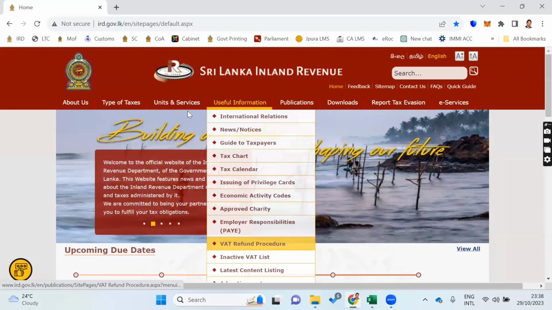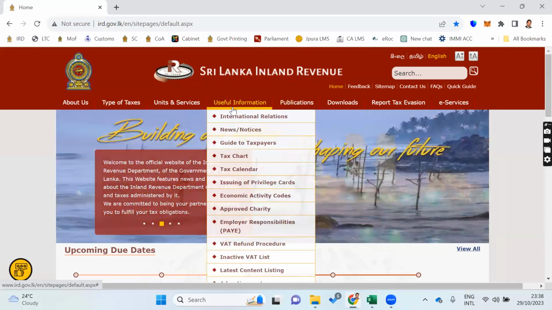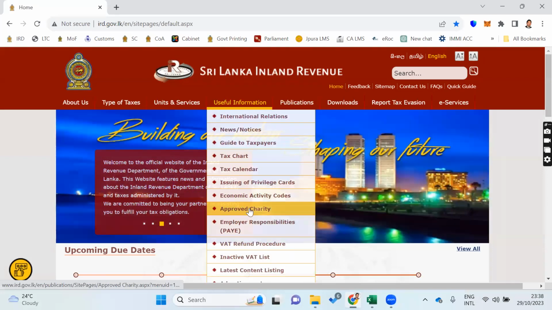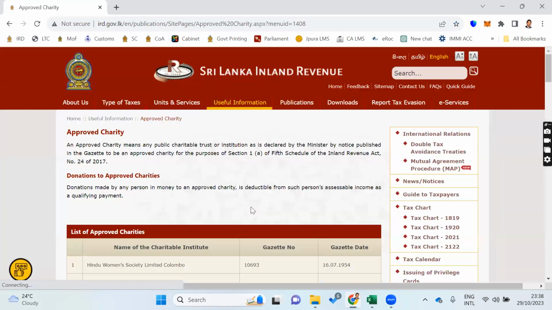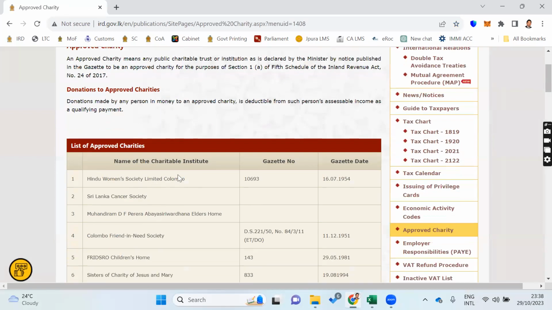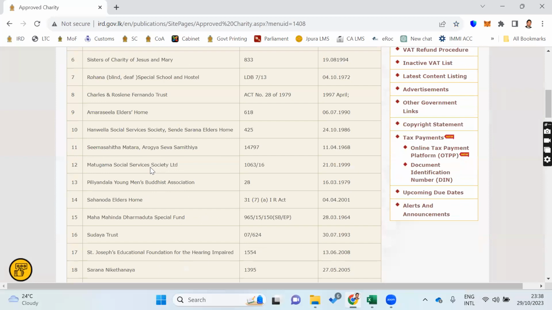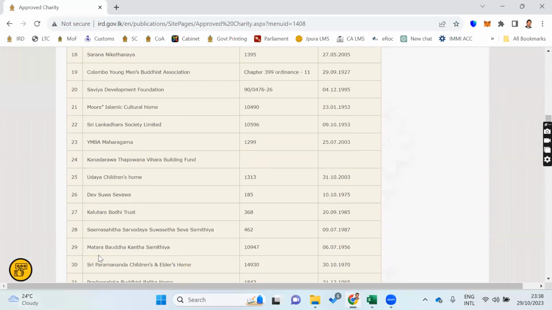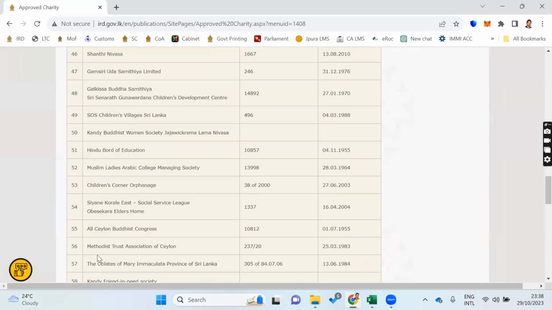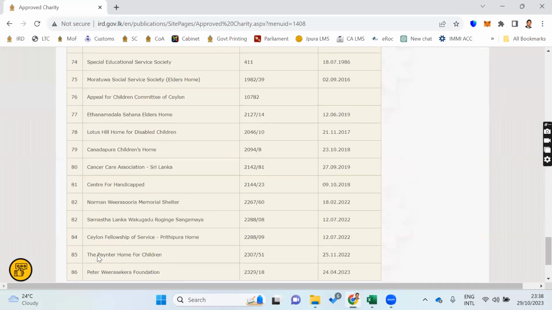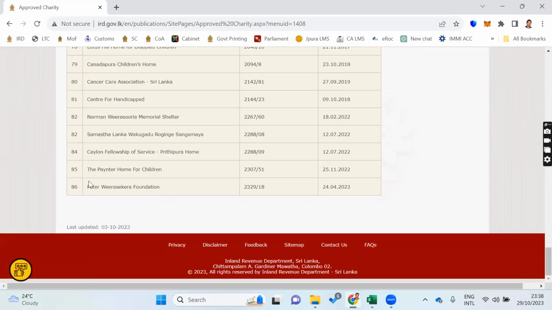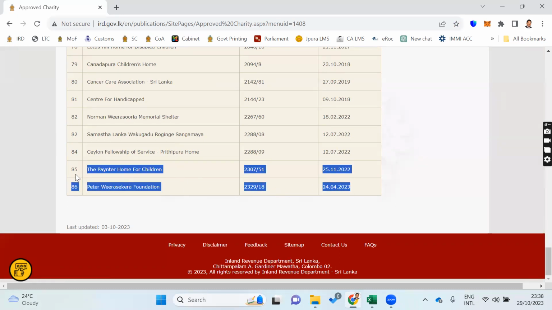Under useful information, you can see the approved charity list on the Inland Revenue website. I remember altogether 84, no sorry, 86 as of now, which is updated recently. Altogether, 86 approved charities are there.